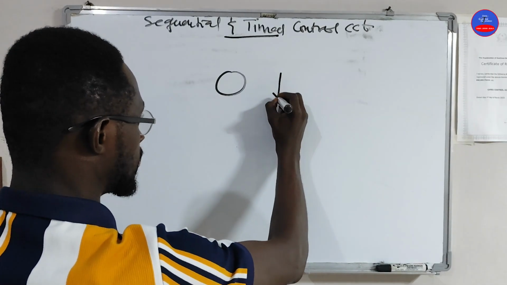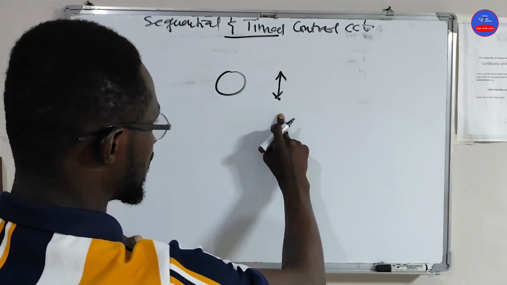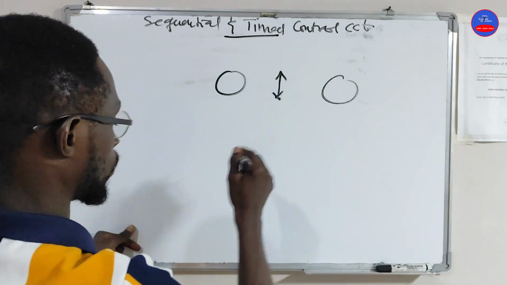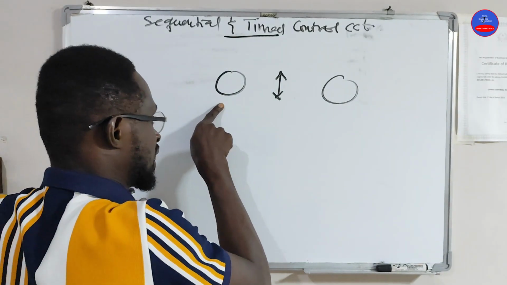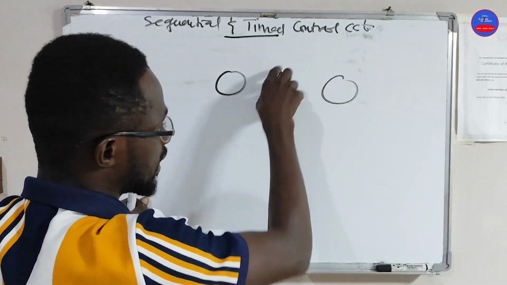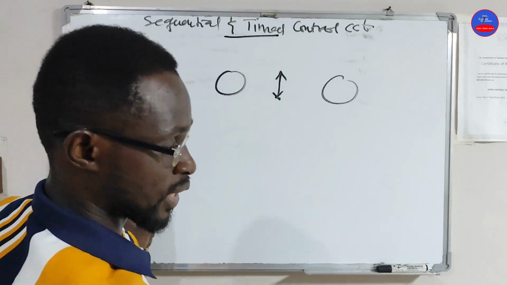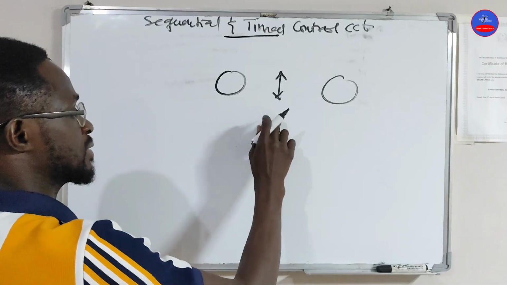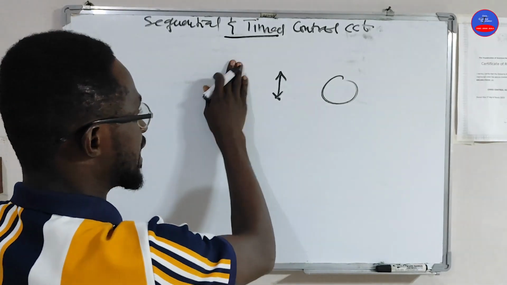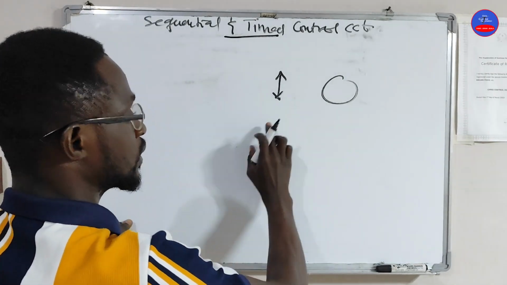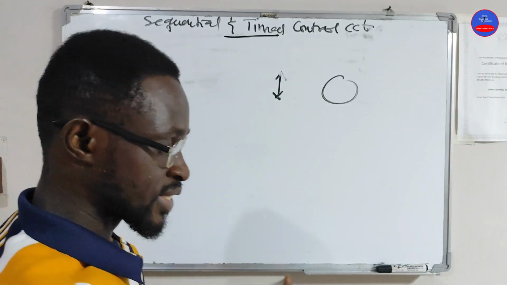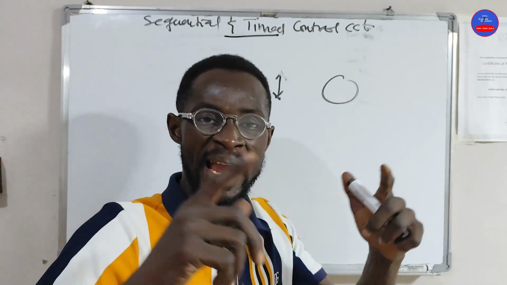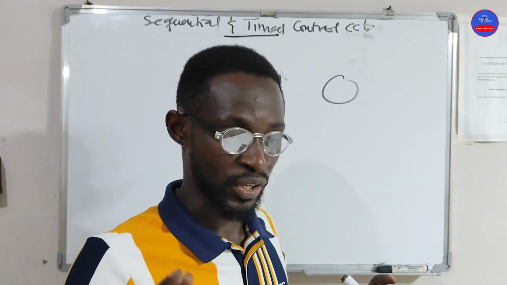When this one comes on, there should be some delay before the next one can also come on. Or it can only come on after a delay. So delay means what? Timing. We have a timed circuit.